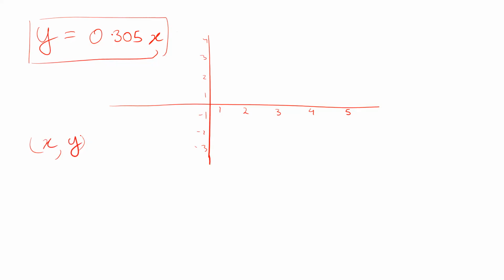Is one of them 0? So okay. So are you saying 0, 0? Or one of these is 0? I think one of them is 0. Okay. So which one is 0? Is it the y? Okay.